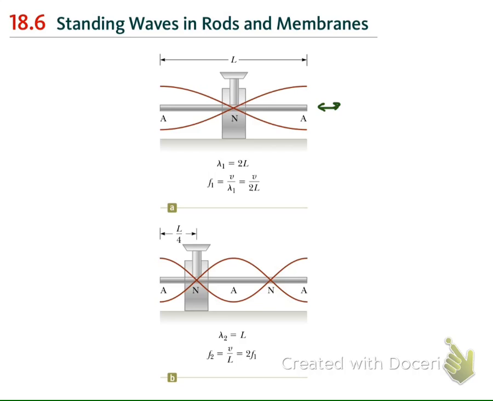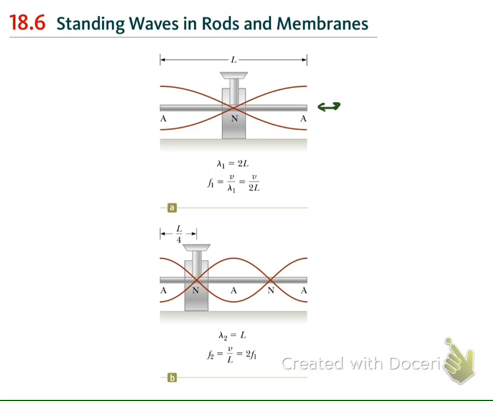But if you clamp the rod in a different position, like here, at this position it must be the node, and at both free ends must be the antinode. So if you clamp here, you must have the antinode and then node, antinode again and then node, and at the end is the antinode.